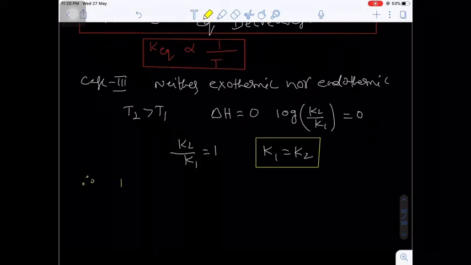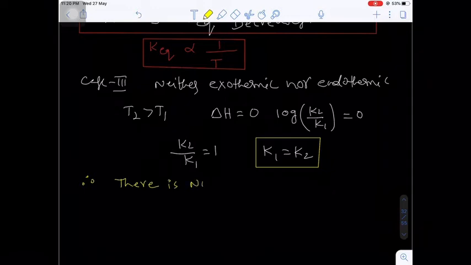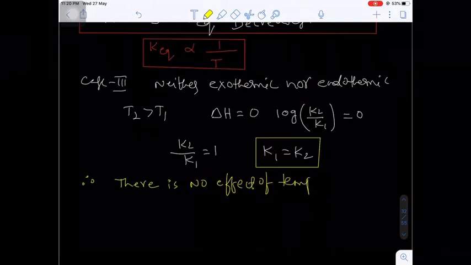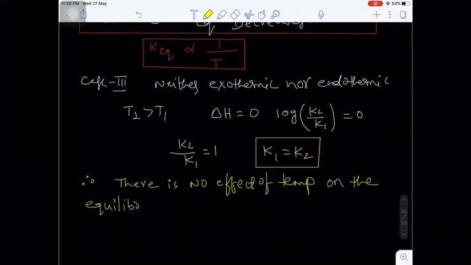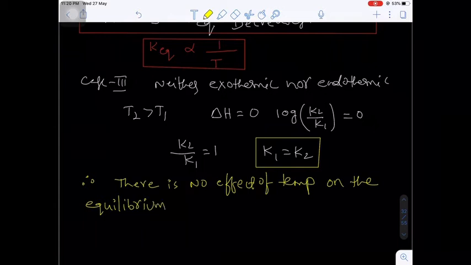Now, that means there is no effect of temperature, therefore there is no effect of temperature on the equilibrium constant.